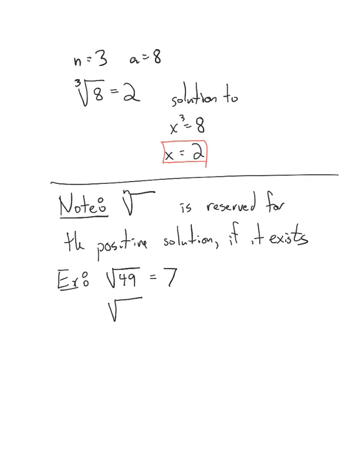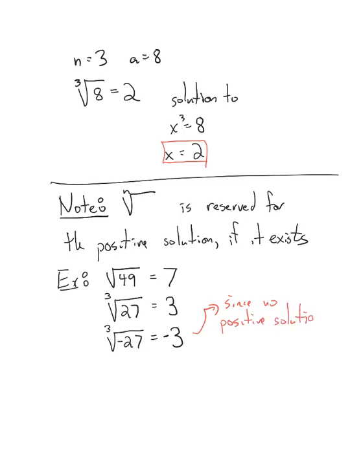Something like the cube root of 27 is 3, but if I want to write the cube root of negative 27, because there is a solution to that, negative 3 times negative 3 times negative 3 is negative 27. So my answer is negative 3 in this case, since no positive solution exists.